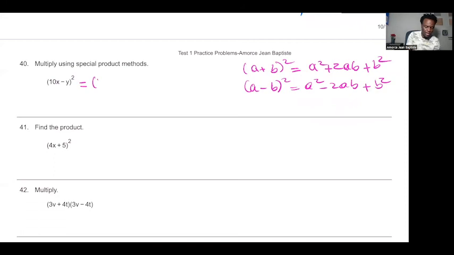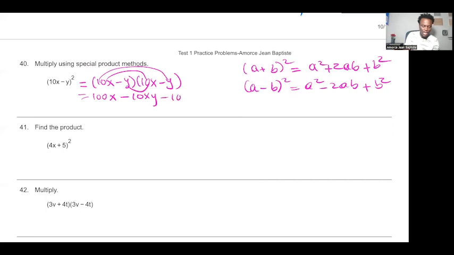So that's 10x minus y times itself, 10x minus y, and then distribute. That's 100x squared, negative 10xy, another negative 10xy, and then positive y squared. So that simplifies to 100x squared minus 20xy plus y squared. Over here, that's the plus case for the formula that I gave you.